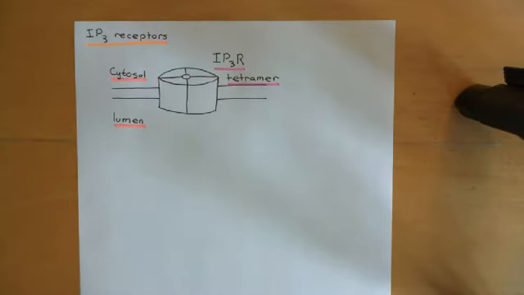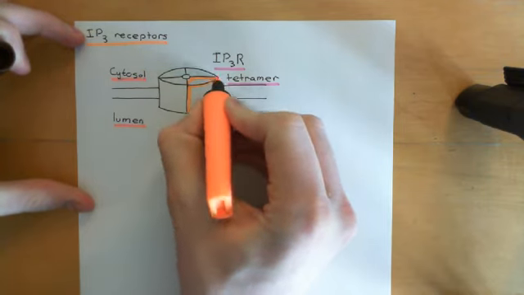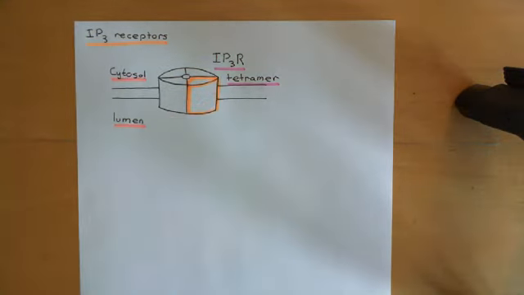Now, there is a complexity to the IP3 receptor that the CRAC channel didn't have, which is that the IP3 receptor subunits, the proteins which make up a quarter of the IP3 receptor, are not just one type. In the case of the CRAC channel, there was only one protein that you could use as the subunit, which was the Orai1 protein.